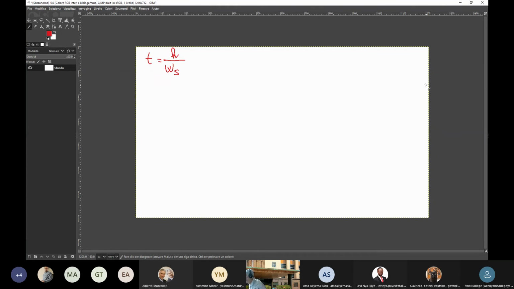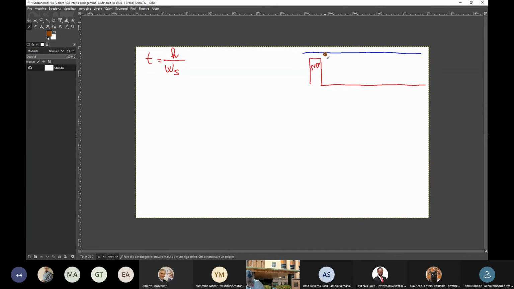Let me make a sketch. Suppose that you have a sand trap here, and here you have the step, the entrance step. This is the step, okay? And here you have some water flowing into it, okay? Very good. Now, let's suppose that you have a particle of sand that is close to the surface at the entrance of the sand trap.